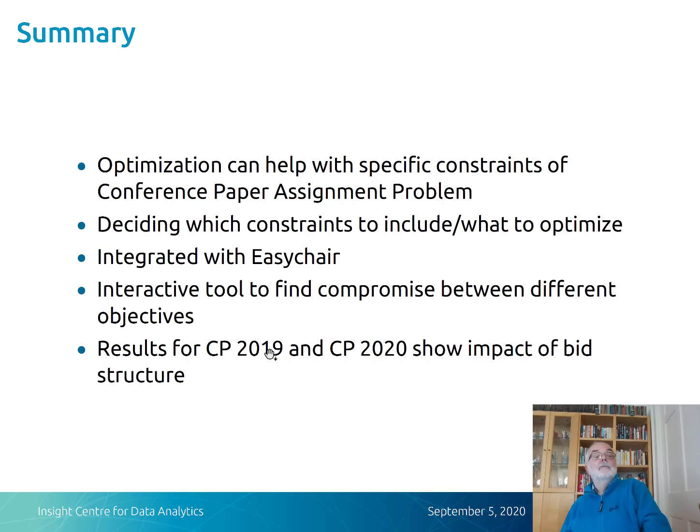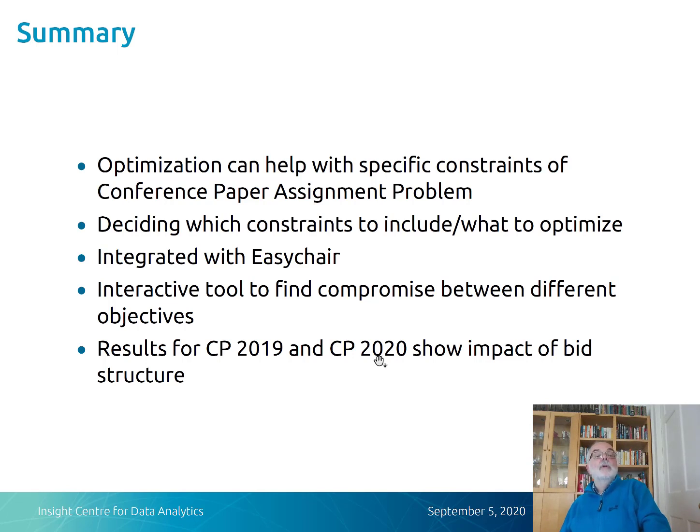We have the results for 2019 and 2020. I should perhaps mention that for both of these cases, the solver was running in about a second. What we can see here is the impact of the bid structure and very much the impact of the time frame that is available to make bids and to recruit additional reviewers.